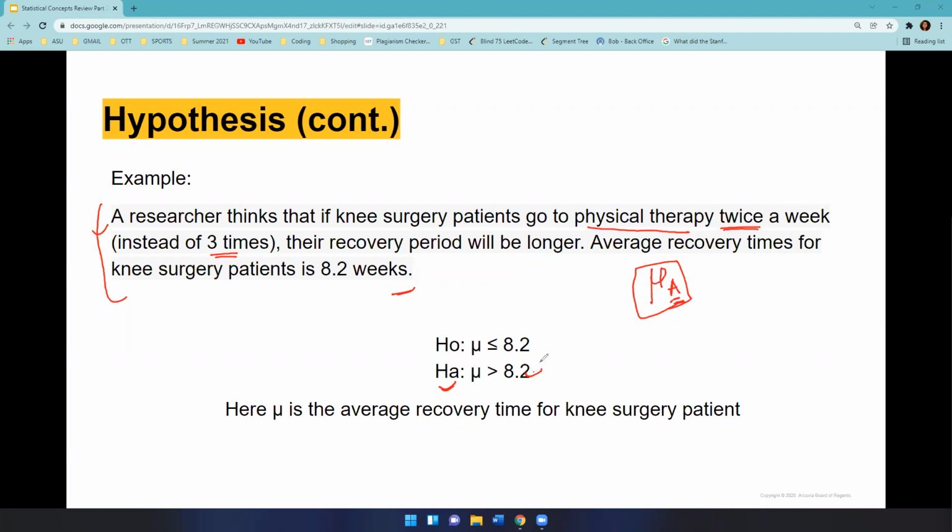So this would become your alternative hypothesis. And what's left? What's the opposite of alternative hypothesis? Null hypothesis. So the only case left is that the average recovery time won't increase. So either it will stay the same, 8.2, or else it will decrease. So might be less than or equal to 8.2. So these are the null. So this becomes your null hypothesis, and this becomes your alternative hypothesis.